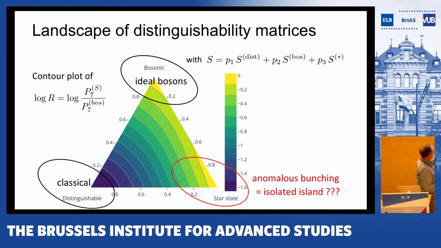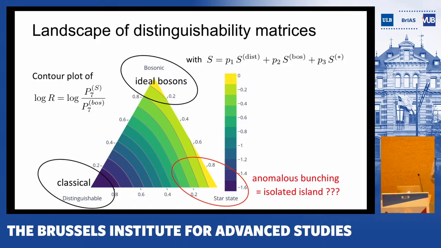In colors, you see the log of the violation ratio. Of course, the ratio is 1 here, the log is 0, and it decreases nicely because we know that the bunching probability decreases when we go to distinguishable bosons. But you can see that between this point and this point, it goes down and then goes up again.